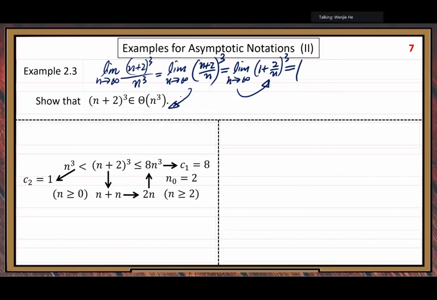But when we calculate, so you are okay with this step, right?